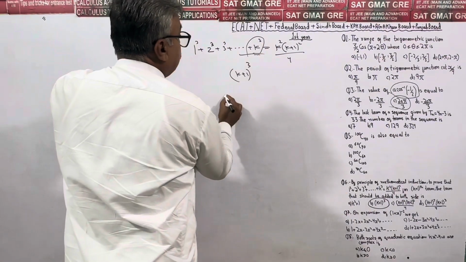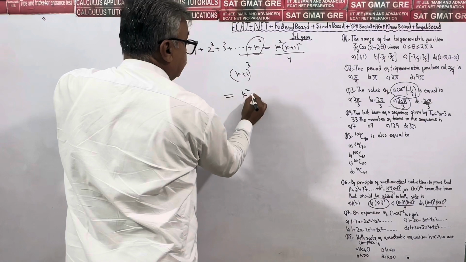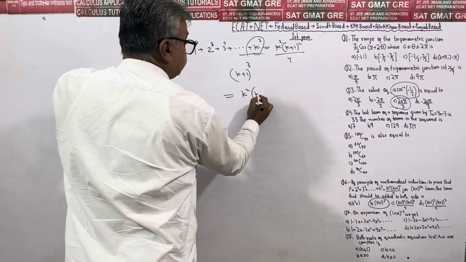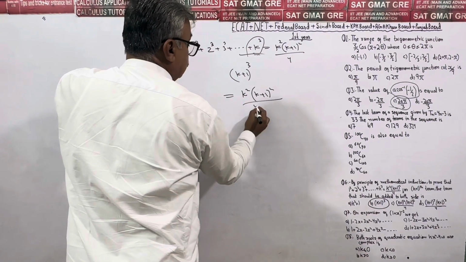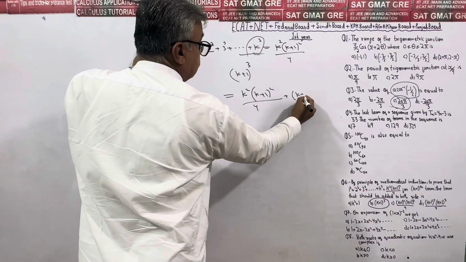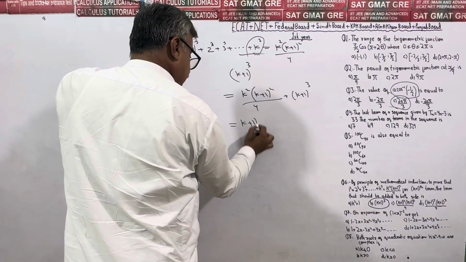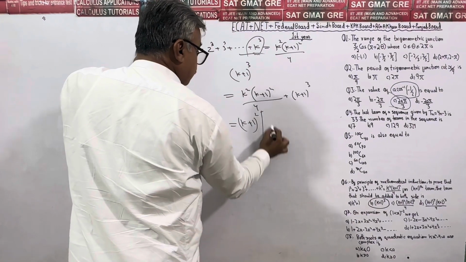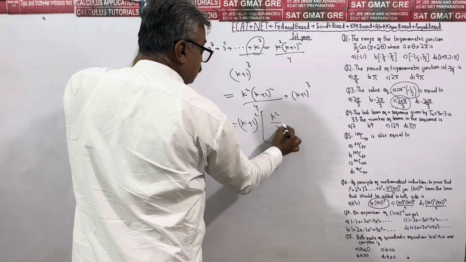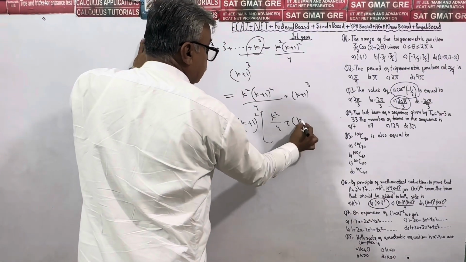I can verify this as well. k square times (k plus 1) whole square over 4 plus (k plus 1) whole cube. Taking (k plus 1) whole square common, we have k square over 4 plus (k plus 1).